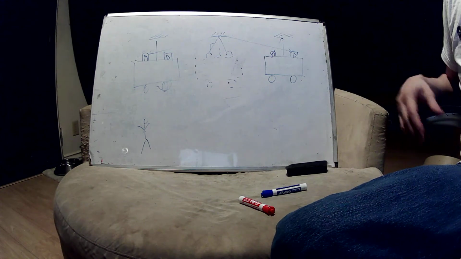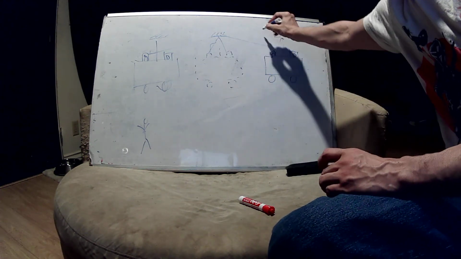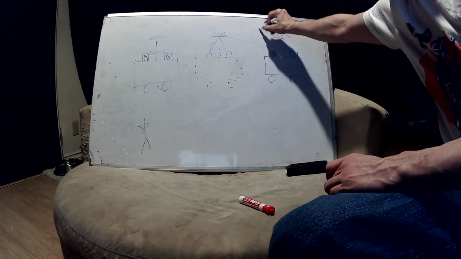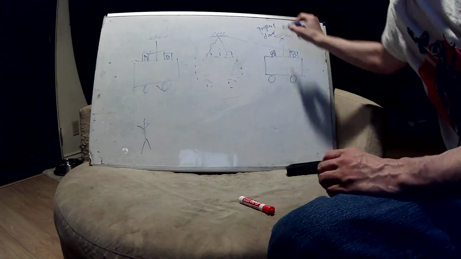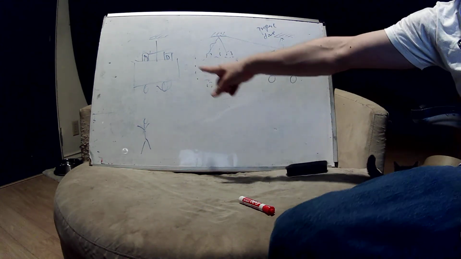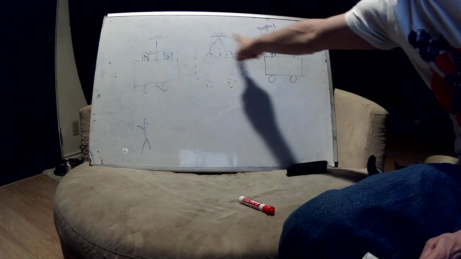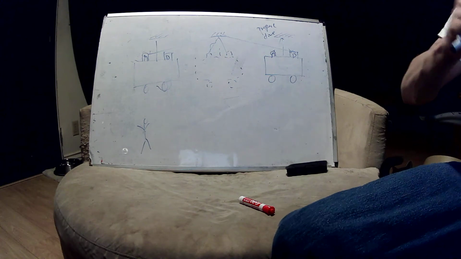Crazy, right? We call the time that it would take in the frame of reference of all of this stuff the proper time. And this, if you're out here, this would be dilated time, right? This is time dilation.